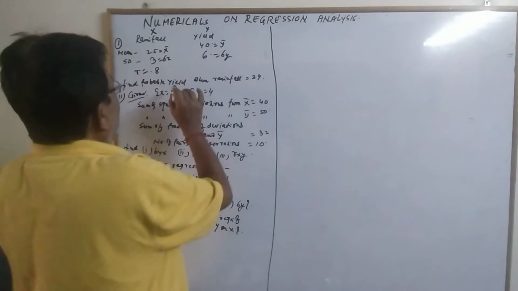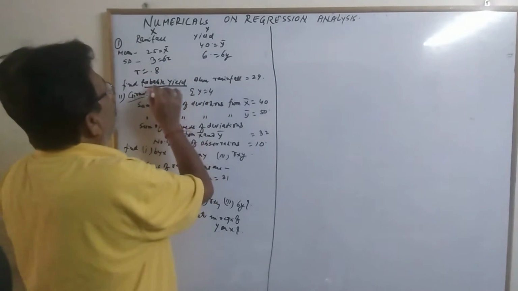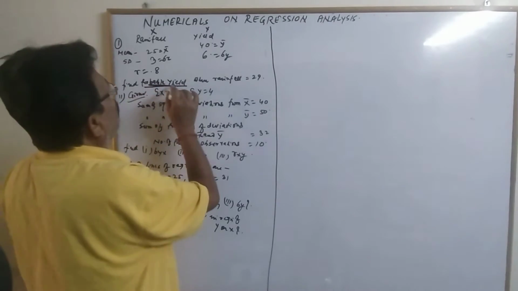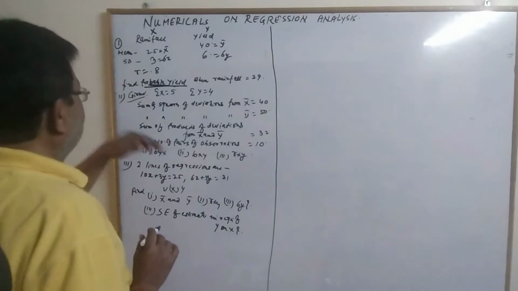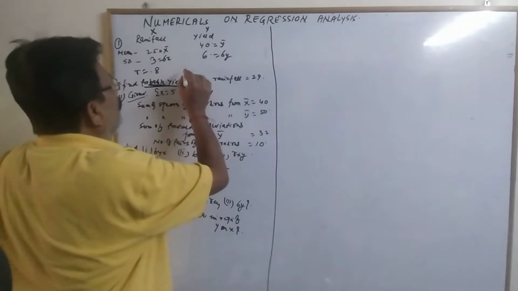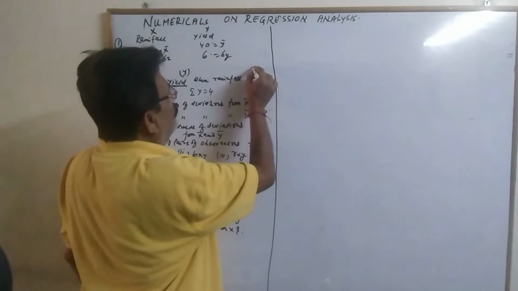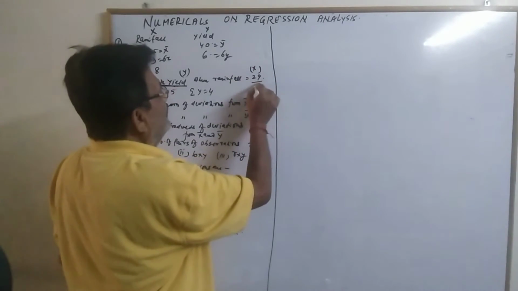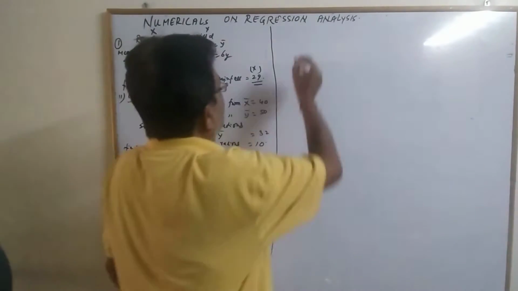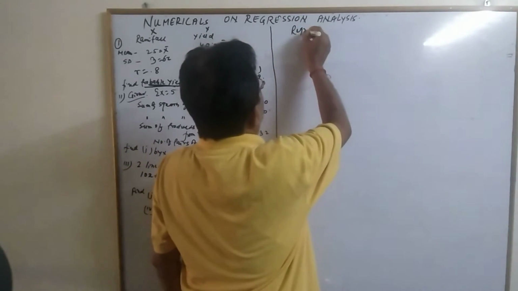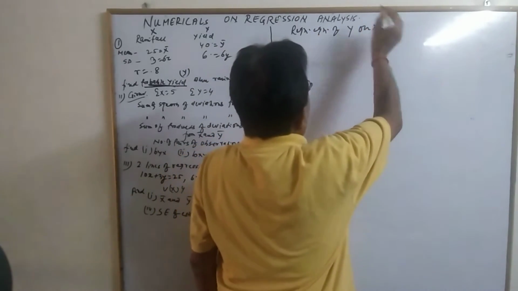So for any given value of y, we shall be estimating x. Now in this sum, we have to estimate y for any given value of x. X is 29, so we have to estimate y. So we are supposed to calculate the regression equation of y on x.